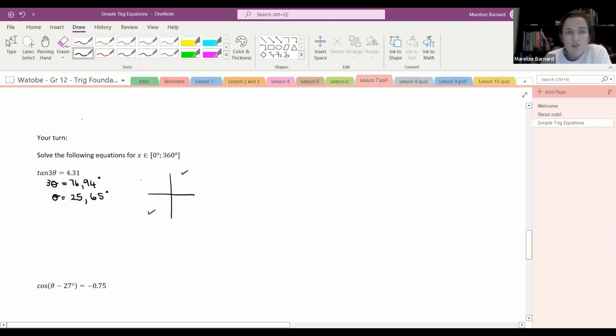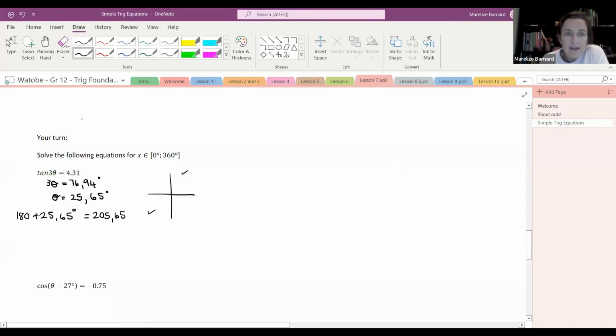So our first quadrant answer we already know is just going to be the actual acute angle, 25.65. So our other answer will be 180 plus 25.65. And that gives me 180 plus 25.65, 205.65.